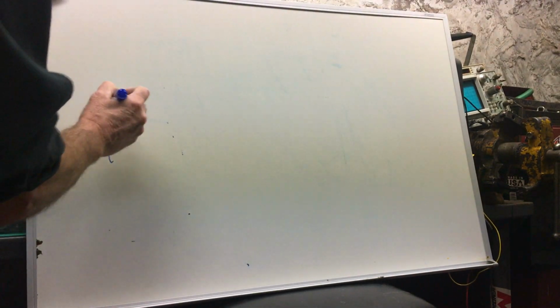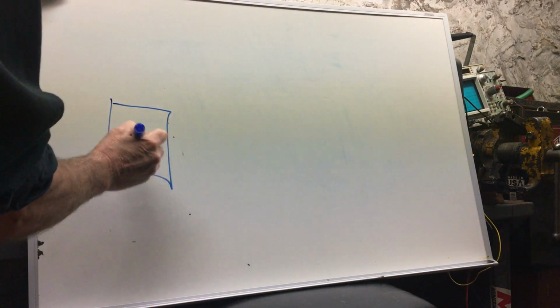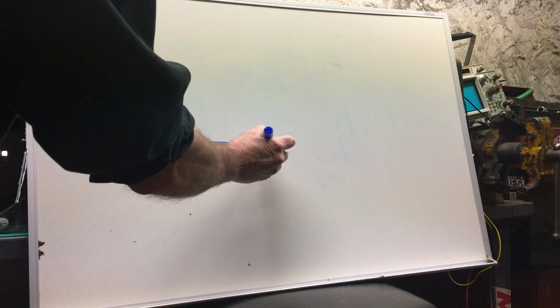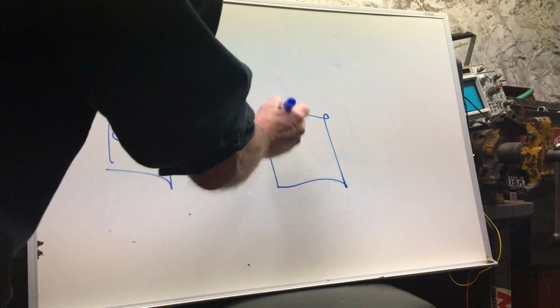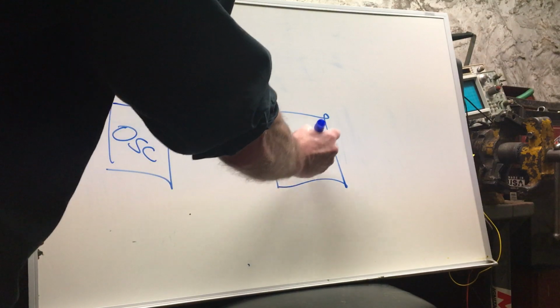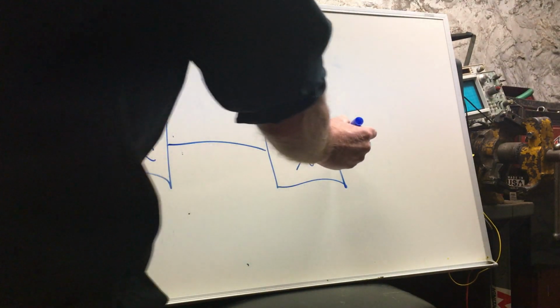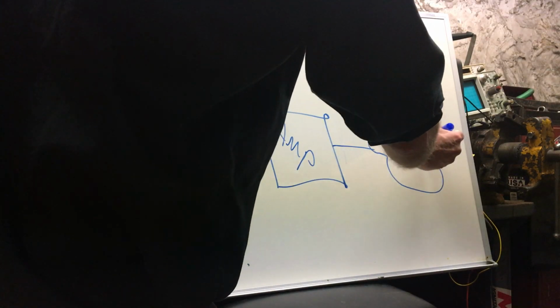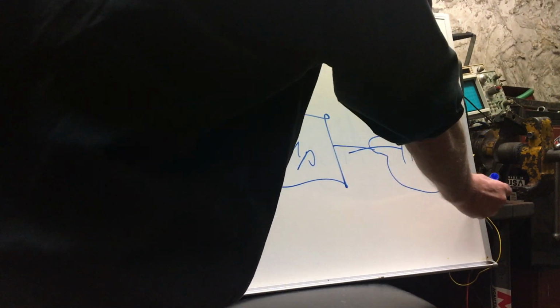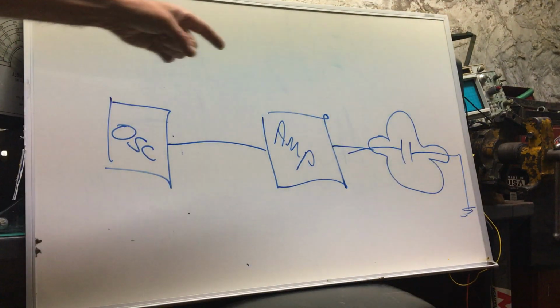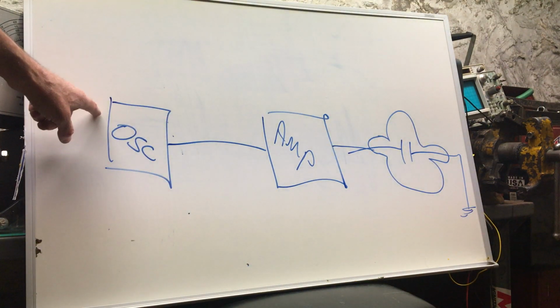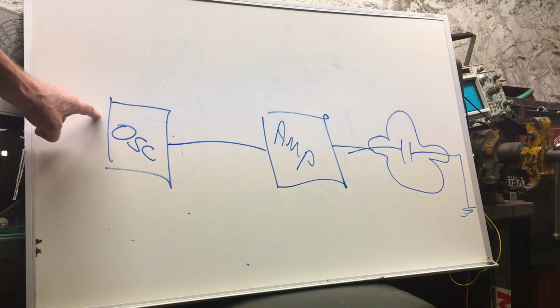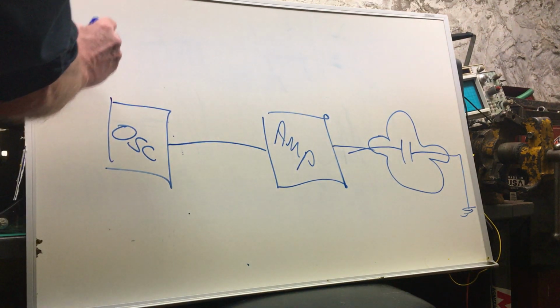With the circuit configuration of an oscillator, and then however many stages of amplification, and then that drives the Fanatron tube. The idea is the oscillator stage in this configuration is continuous.